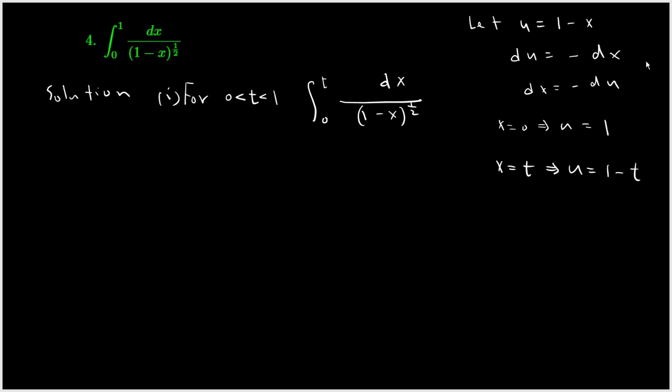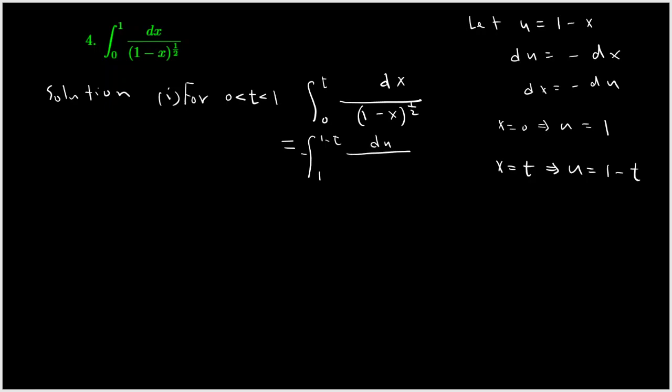Now we are ready to convert the integral of x to a new integral of u. I'm going to keep on writing from here. Okay. Lower limit corresponds to lower limit, u value of 1 to u value of 1 minus t. Okay. And then dx is negative du.